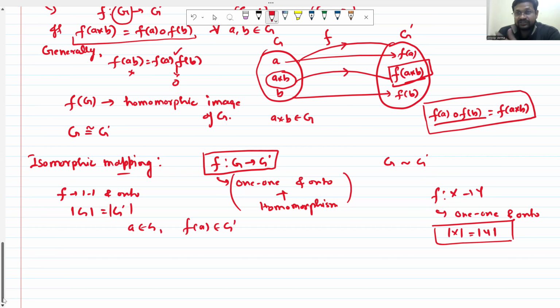Later we will discuss some theorems and results. So it means that this is an isomorphism of the two groups. One group is isomorphic to another, it means there exists an isomorphism between them. Or if there exists an isomorphism, then both the groups look the same, or you can say they are the same group when studying the properties of the group.